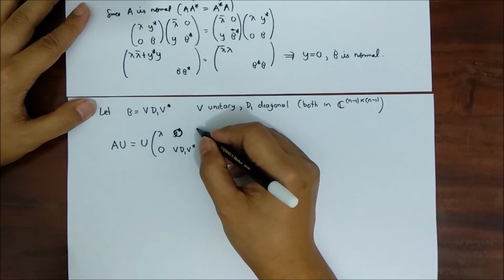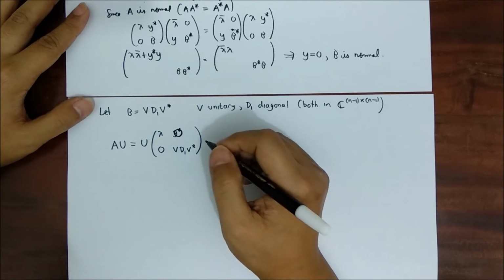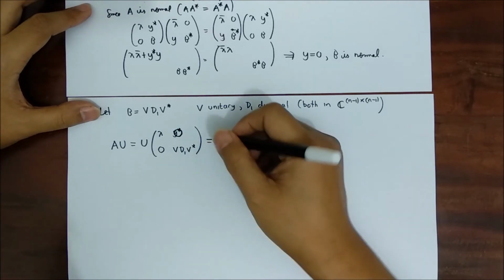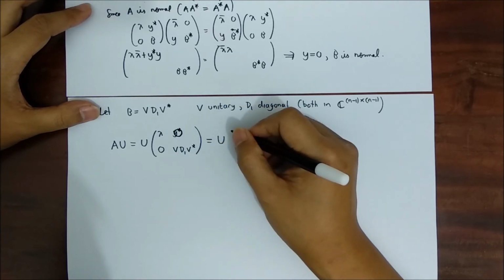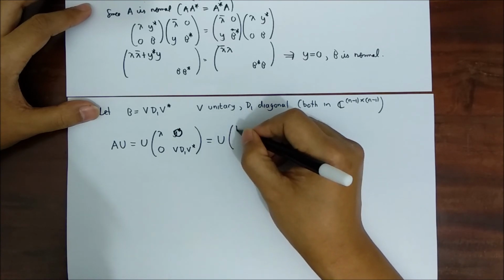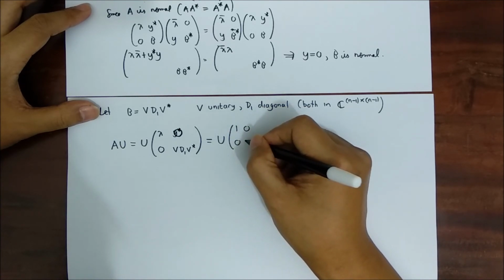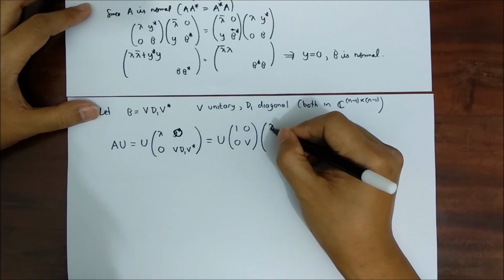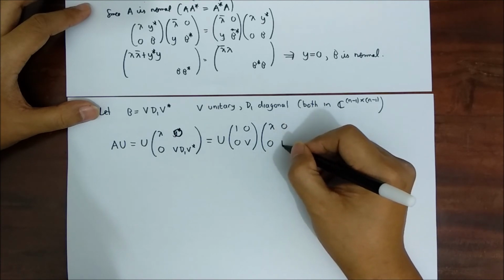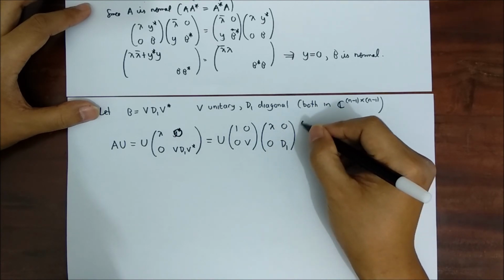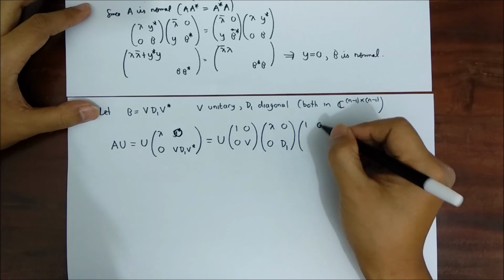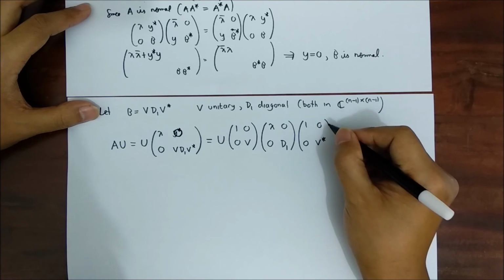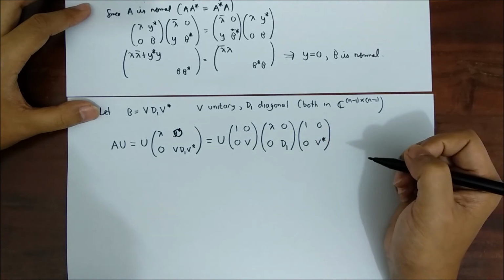But this can be written as U times (1, 0; 0, V) times (lambda, 0; 0, D1) times (1, 0; 0, V star).